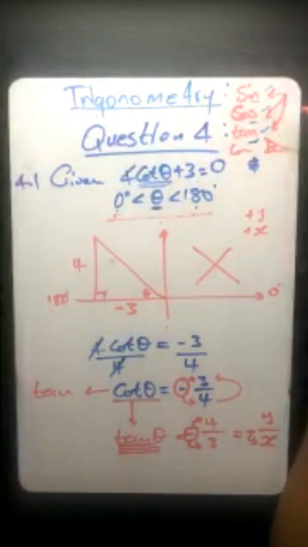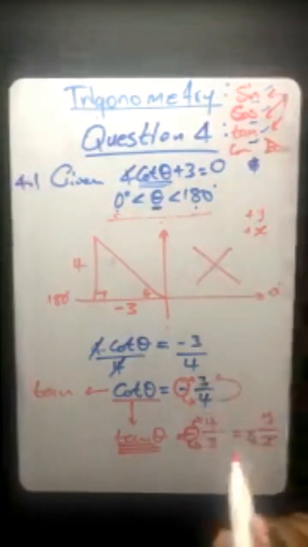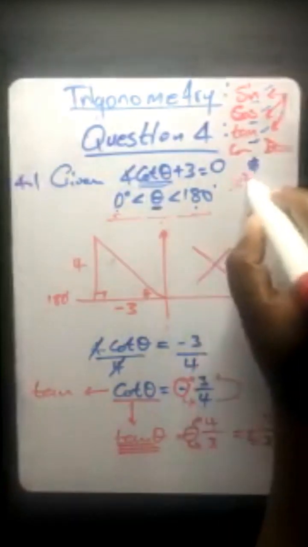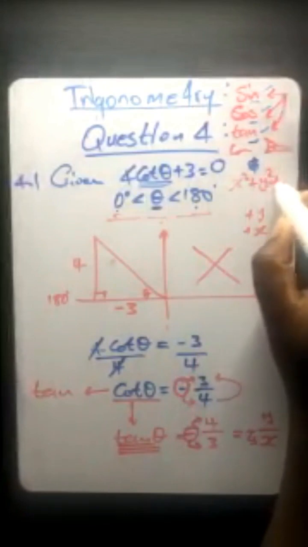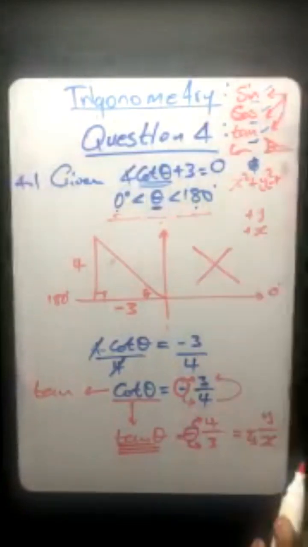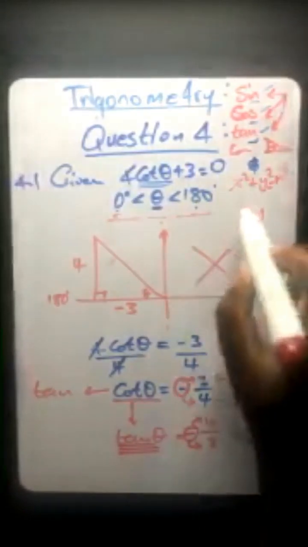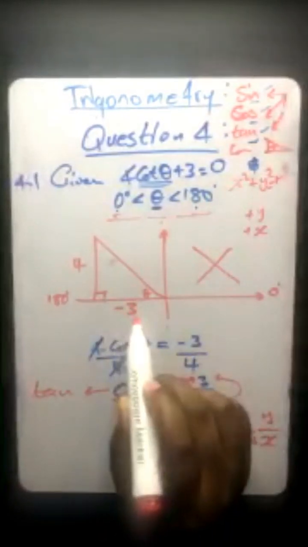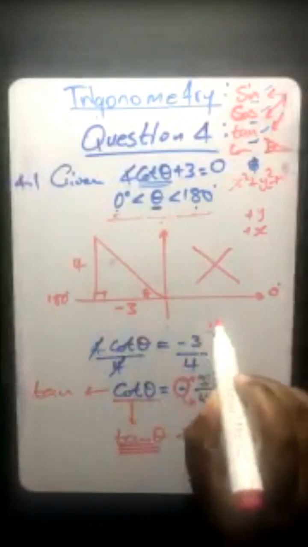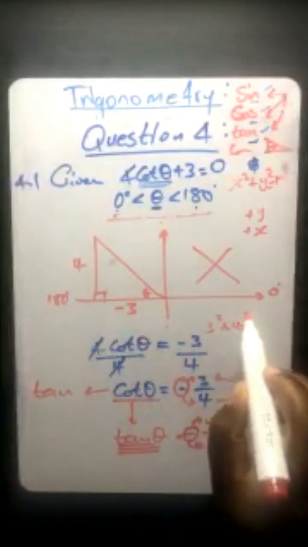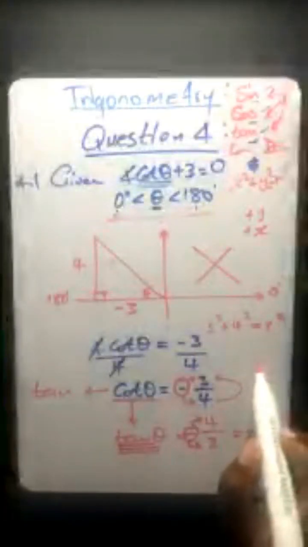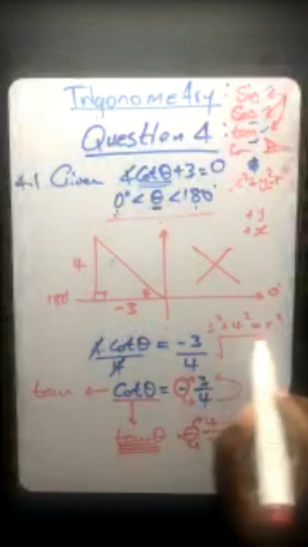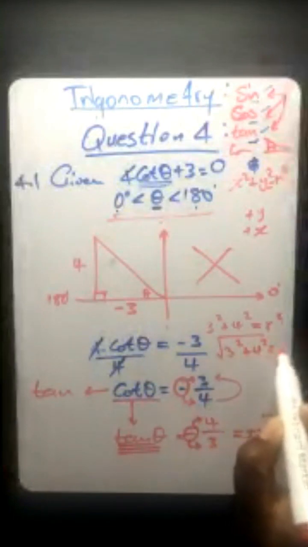So now let's try to complete our right-angled triangle. This is where you now need to introduce your theorem of Pythagoras. So obviously your x, it is what? It is 3. So it's more like you're saying 3 squared plus 4 squared equals r squared. And then obviously you end up having all of that being equal to your r.